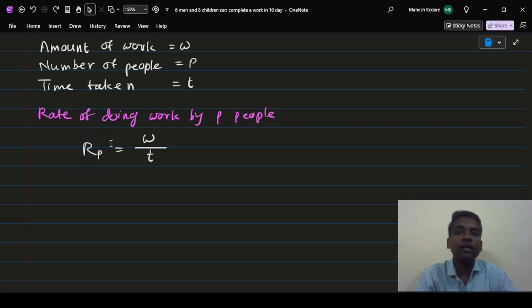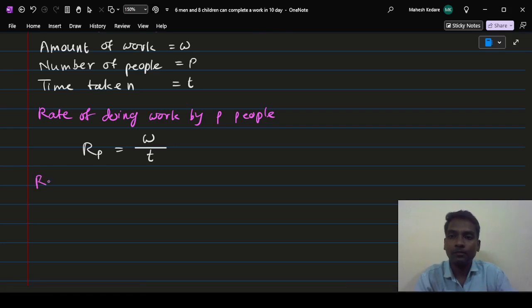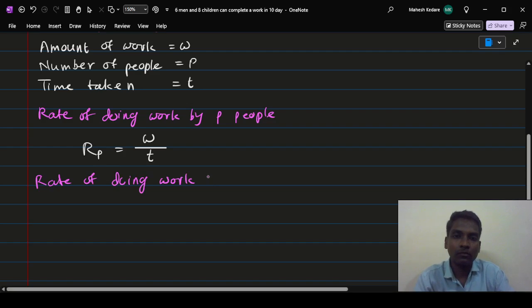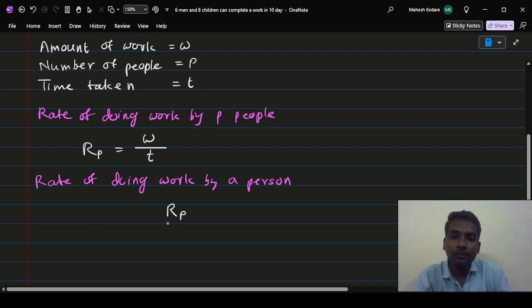We have to find the rate of doing work by a single person. The rate of doing work by a single person is obtained by dividing the rate of work done by P people together by the number of people itself.